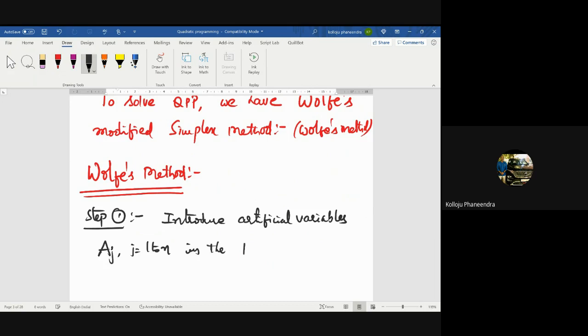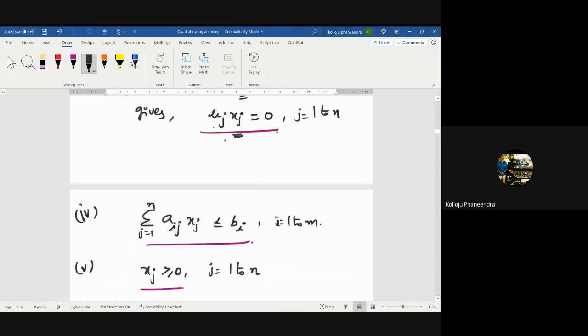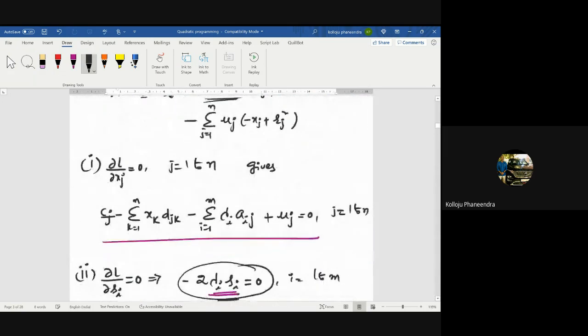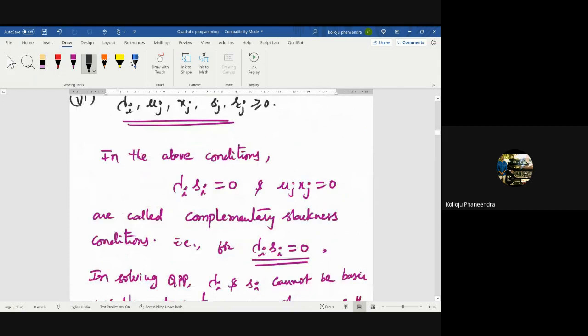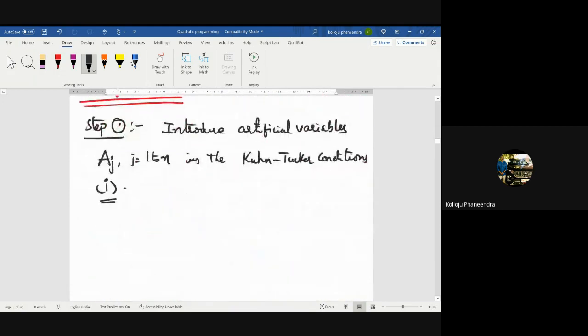What do the Kuhn-Tucker conditions 1 say? When I mention 1, it is the first condition, this underlined one. In this Kuhn-Tucker condition, I have to add artificial variables. That is why I am giving the method step by step.